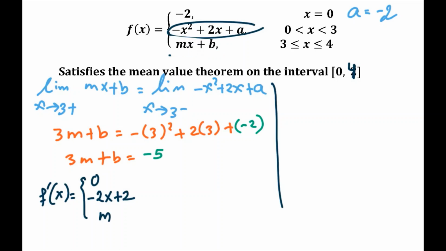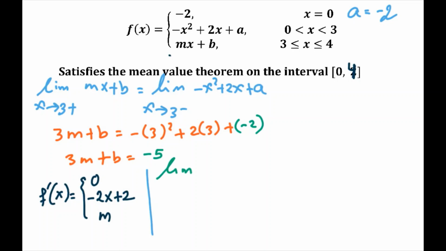Now if I try to find again the limit from the right side and left side of 3 for the derivative, I'm going to say limit as x approaches 3 from the right side, I'm using m, should equal the limit as x approaches 3 from the left side, and that's going to be negative 2x plus 2.